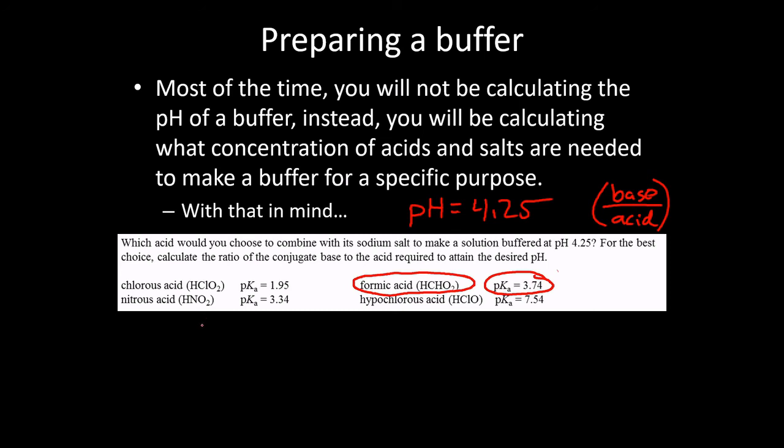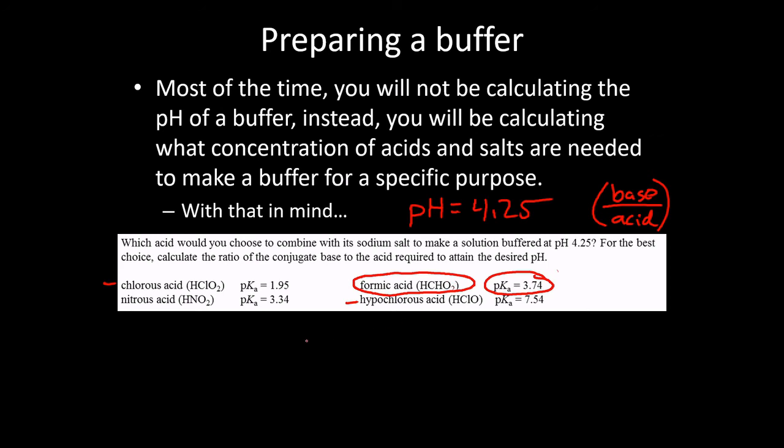Remember what I said earlier, we want our pKa value to be within 1 unit of the pH that we want. And so either of those are within 1 of 4.25, but neither chlorous acid nor hypochlorous acid are within 1. They're all well over 2 or even 3 away.